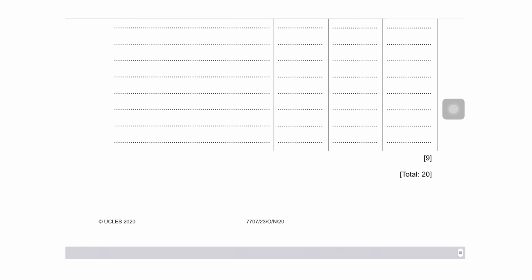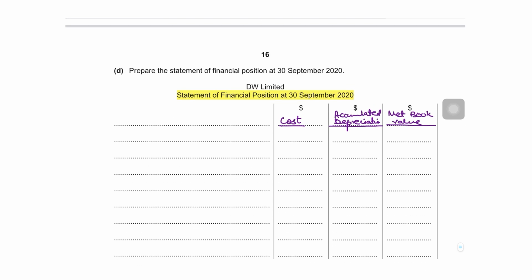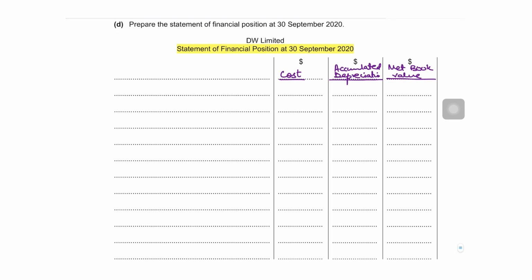Be careful when filling this type of sheet, because we are given just one sheet, one paper, to complete the SOFP, right? So you have to do everything in this sheet only.